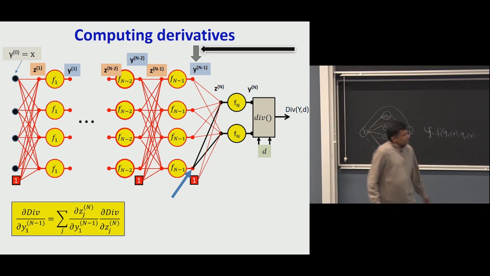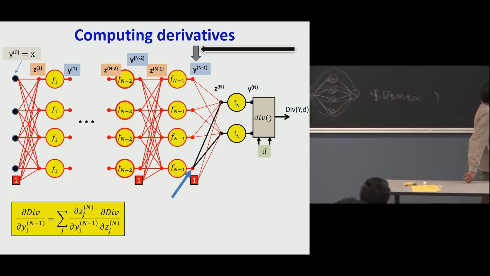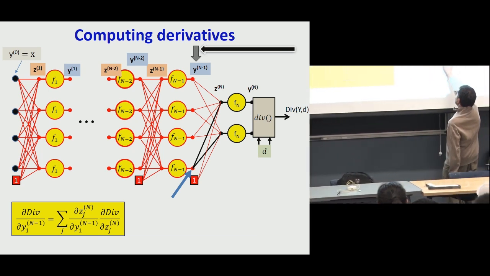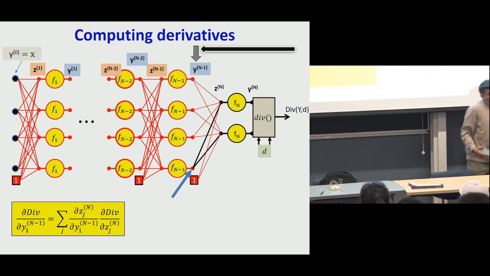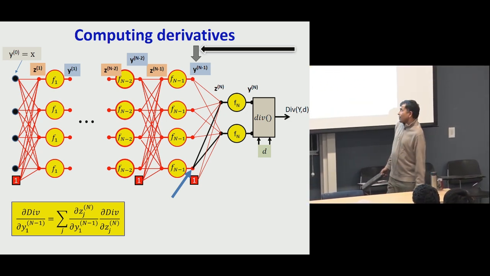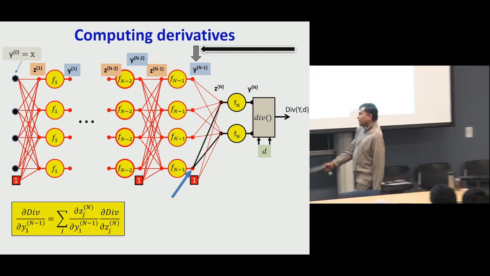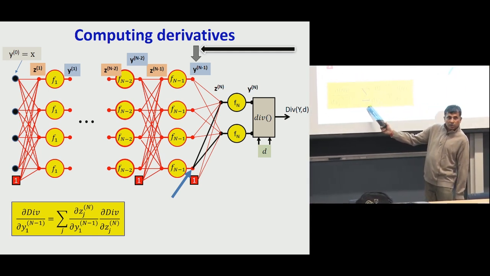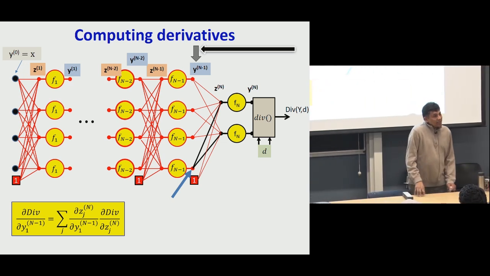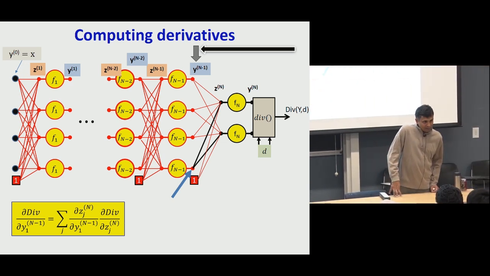So this really means that when I compute the derivative of the divergence with respect to this y, observe the black lines. There's actually a nice little influence diagram over there, right? There are two things going on. So that means I'm going to have to sum over all the incoming lines to y, or rather I can think of summing over all of the edges going out of y, right?